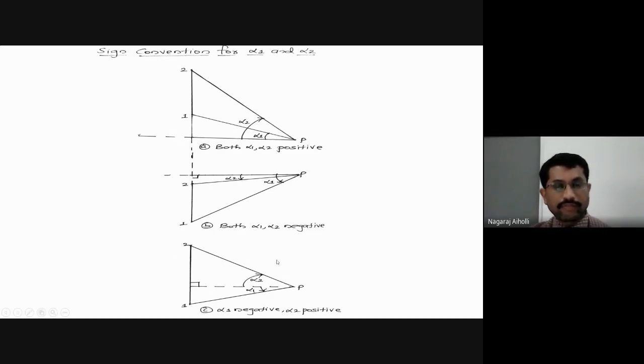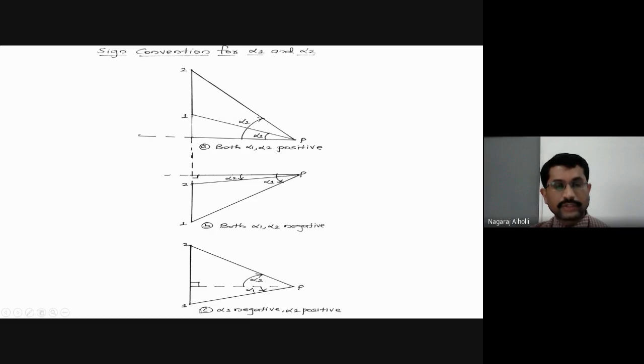In the third figure, this is the point P of interest. The conductor is placed in such a way that the lower end is subtending angle alpha 1 below the point P, and the upper end of the conductor, at point 2, is subtending the angle alpha 2, which is above the point P. That is, alpha 1 is negative and alpha 2 is positive.